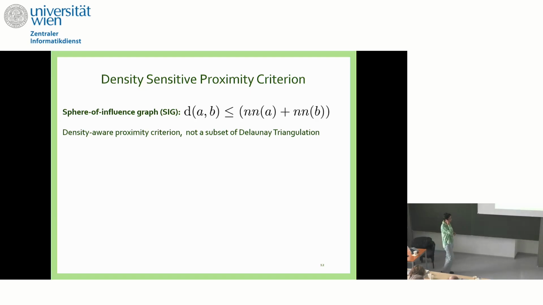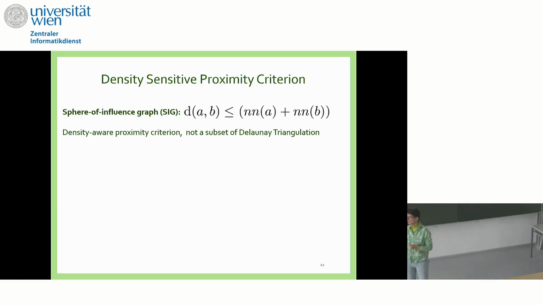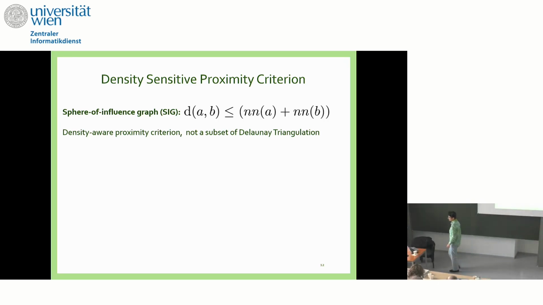And what's the idea here? The idea here is to connect 2 points if the distance between these 2 points is somehow small, based on the distances that they have locally, based on their local density. So, for example, we would connect them if their distance is less than their distance to their respective nearest neighbor. This is what I show by NN, distance to the nearest neighbor. It has an interesting property, somehow intrinsically hidden in it. It takes into account the local density of the points.